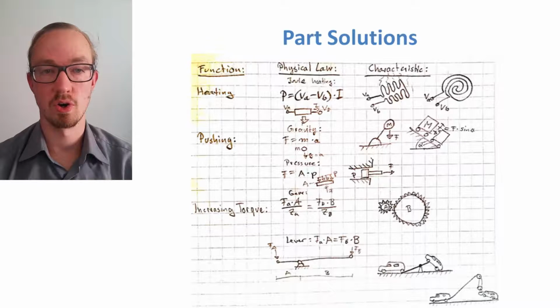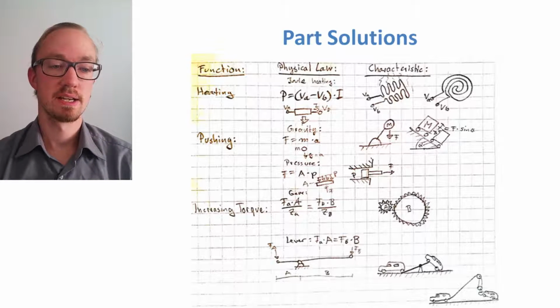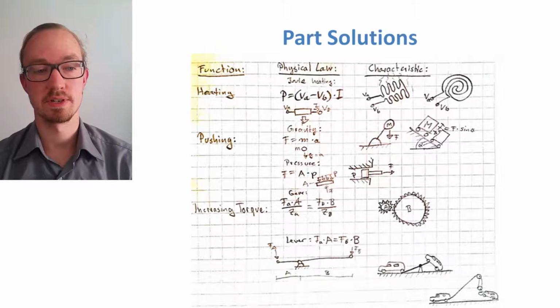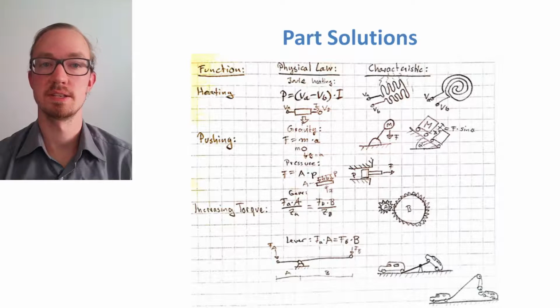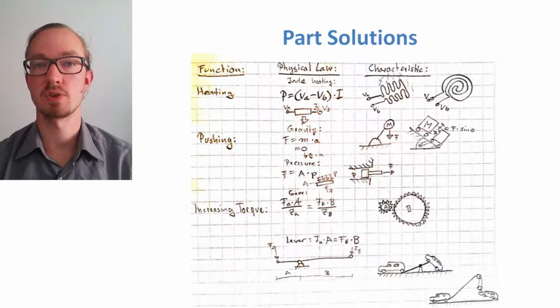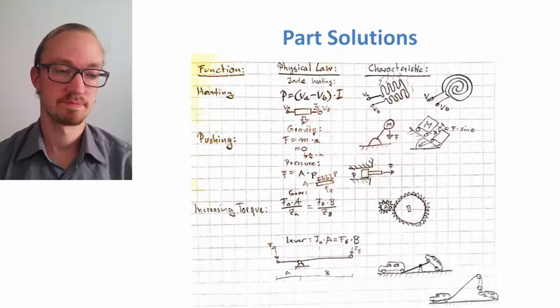This is the physical law and the physical characteristic, and this characteristic can then be shown in some kind of coil with a wire that heats up and transfers electrical current into heat.